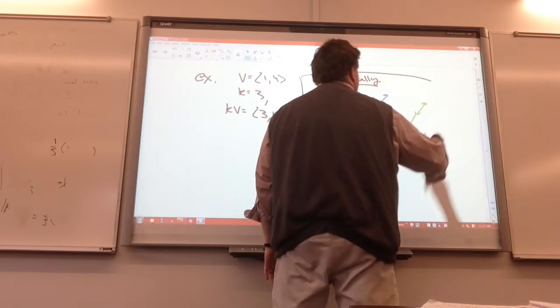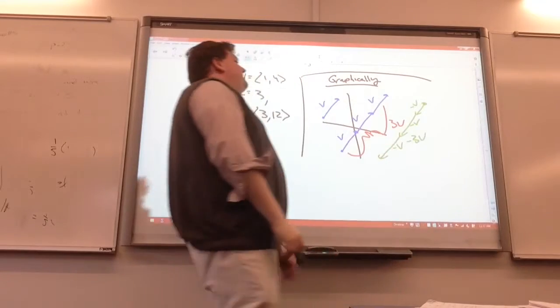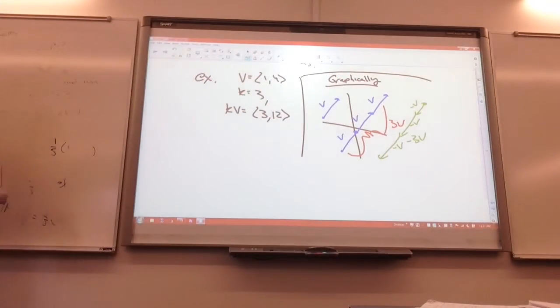This would be negative v, negative v, negative v. Not to scale, but you get the idea. It's just literally drawing it in the opposite direction, 3 times.